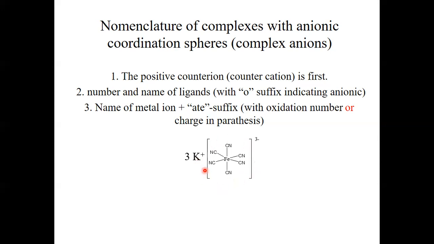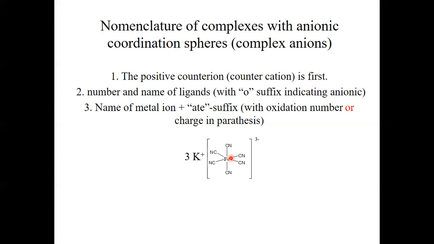So the name continues with hexacyano. So after that, we need to name the metal ion and add the ending "ate." So our metal is iron in this case. However, by convention, when we have anionic complexes, then we use the Latin name, if such a Latin name exists, and not the English name.